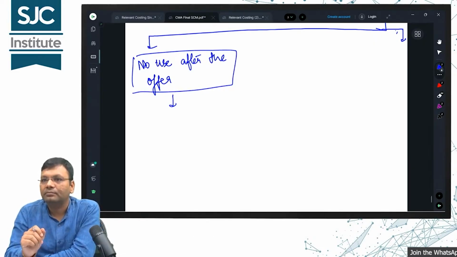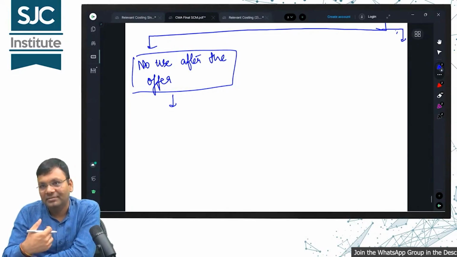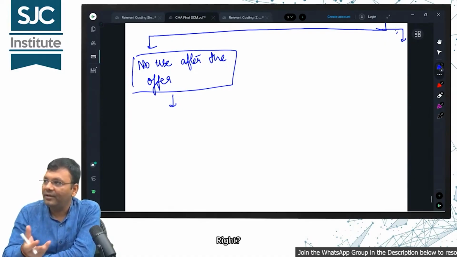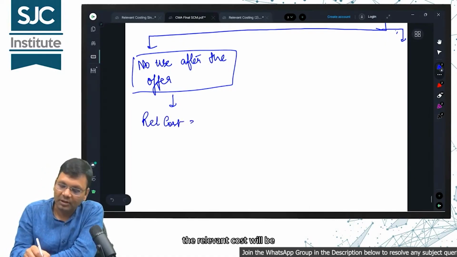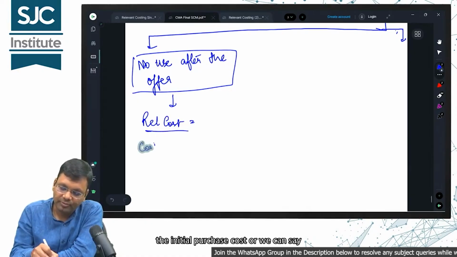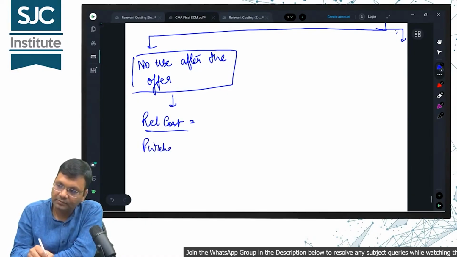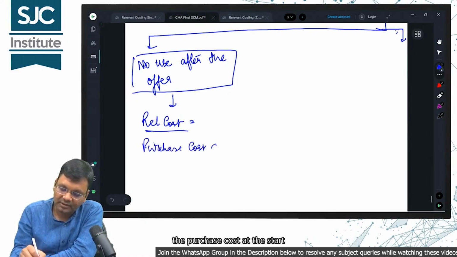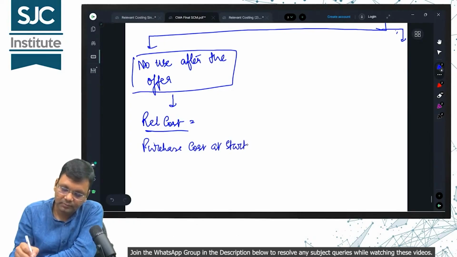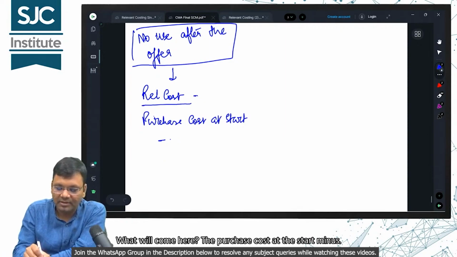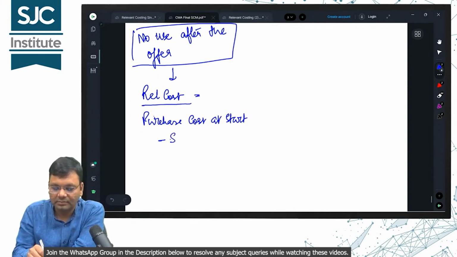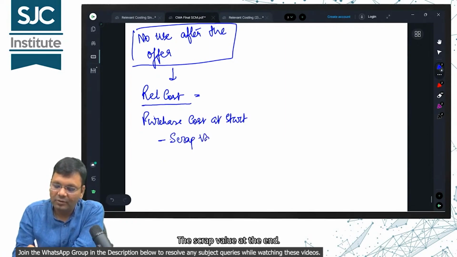What would you do? You sell it. What would be my relevant cost? The relevant cost will be the purchase cost at the start minus the scrap value at the end.